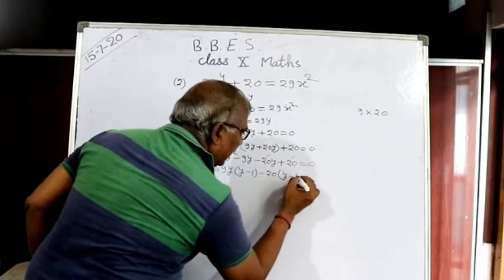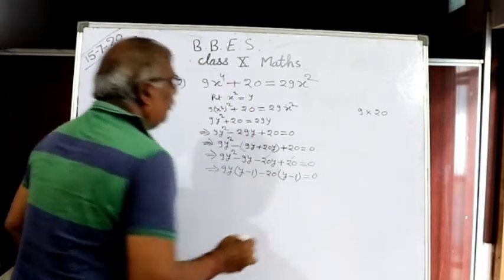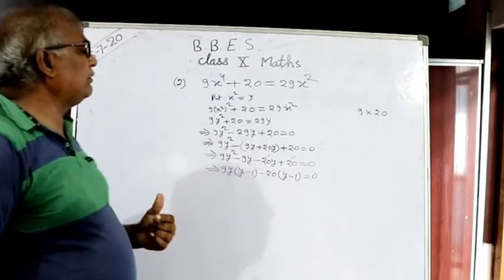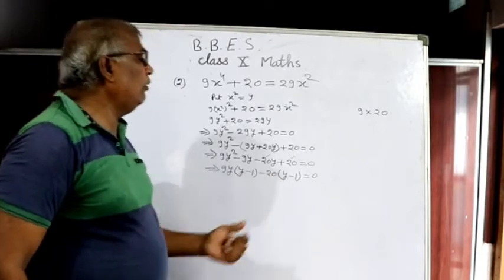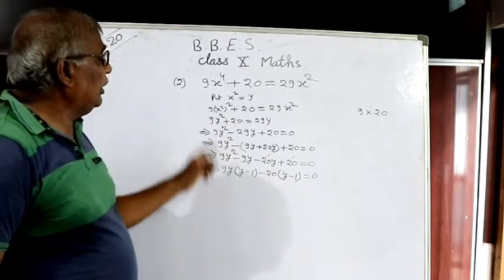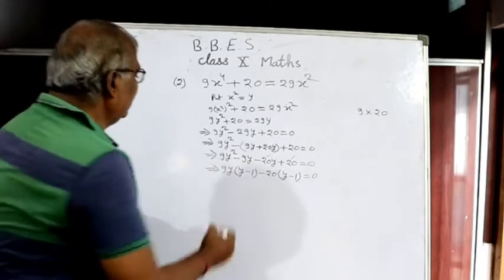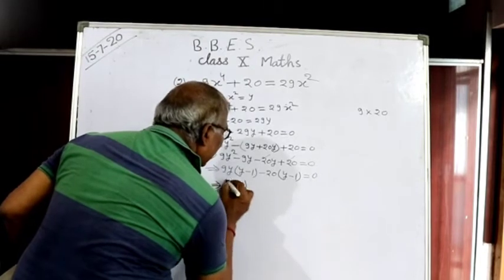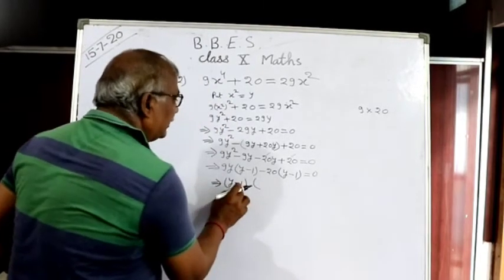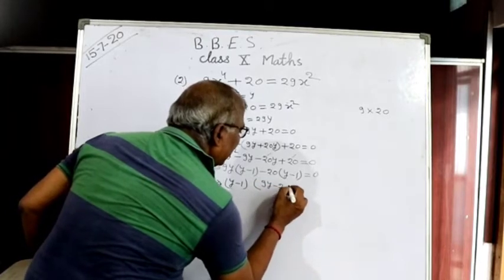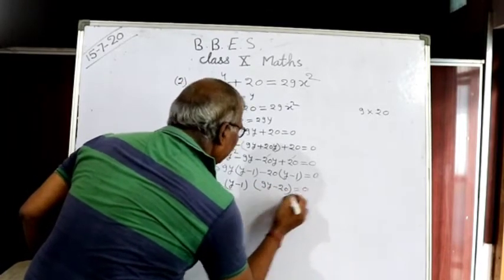Now we see here y minus 1 and y minus 1 is common, so it is sure that my solution is absolutely correct. Now we write y minus 1 as the first factor and 9y minus 20 as the second factor.